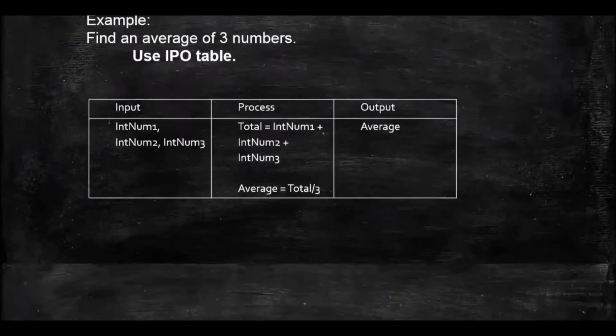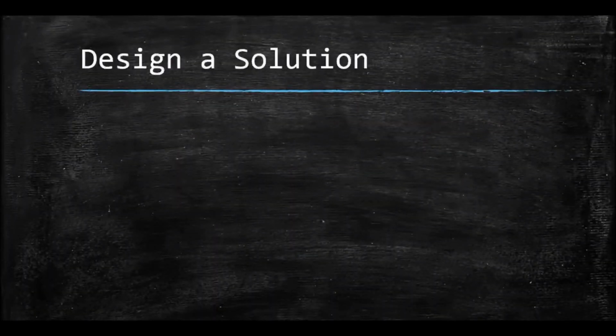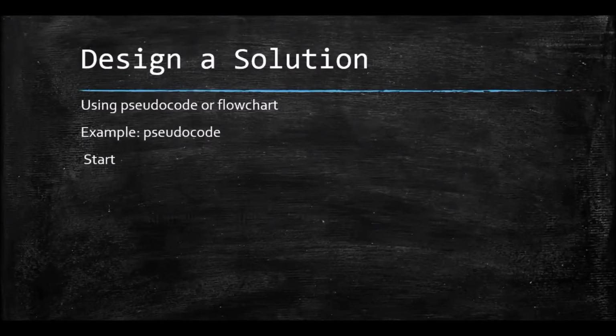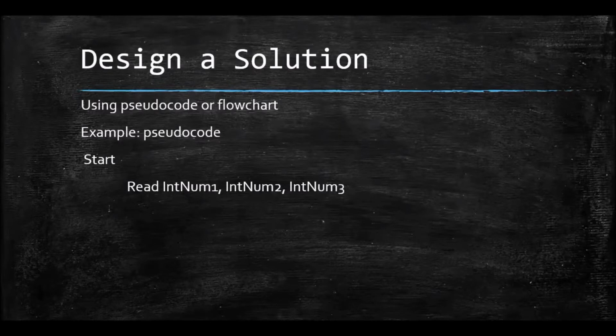The second step is design a solution. For designing the solution, we can use these 2 methods, which are pseudocode or flowchart. Pseudocode starts with the word start and read. After the read word, you must list the input, indicating that the system you're designing must first read the input.